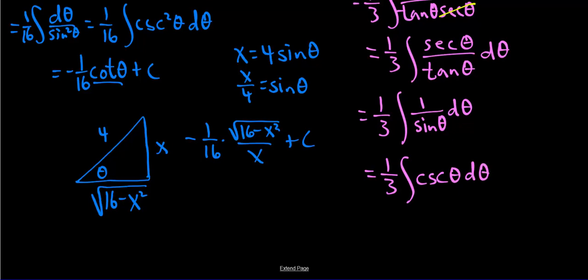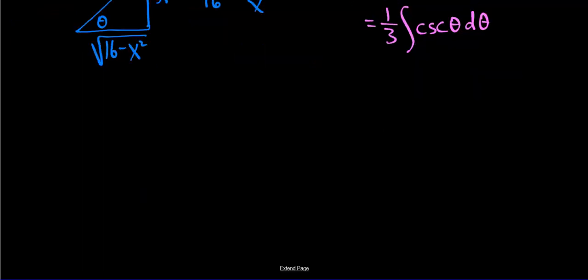Well, now I need to figure out what is the antiderivative of cosecant. That's what I need to do. Now, you can look this up, but I'm going to go ahead and investigate it my own self. So here I go. I've got cosecant theta. Now, I'm going to do this little trick.